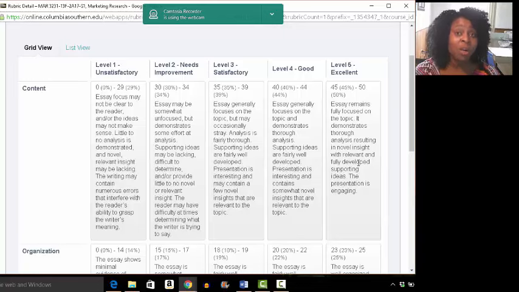When we're talking support, we're talking about research. If you said that this is what the company is doing, where did that information come from? Use in-text citations to show where you garnered that information from. That is saying that you are supporting your arguments. You'll hear a lot of that as I give you feedback in your papers.